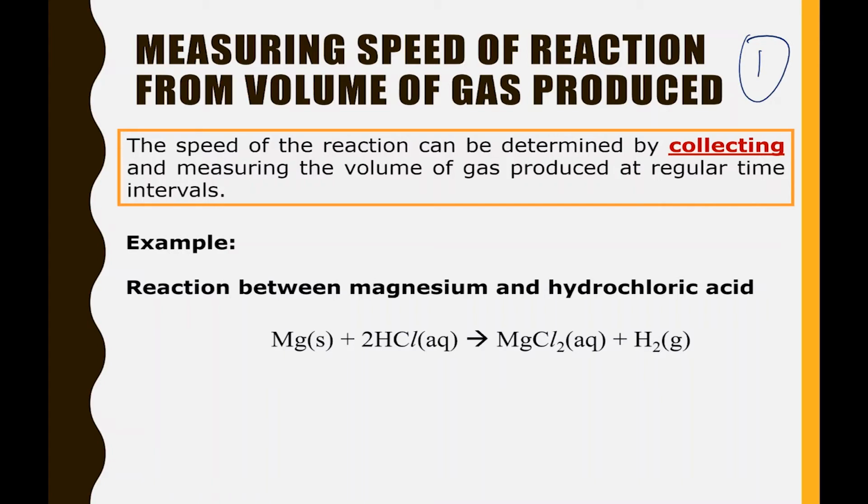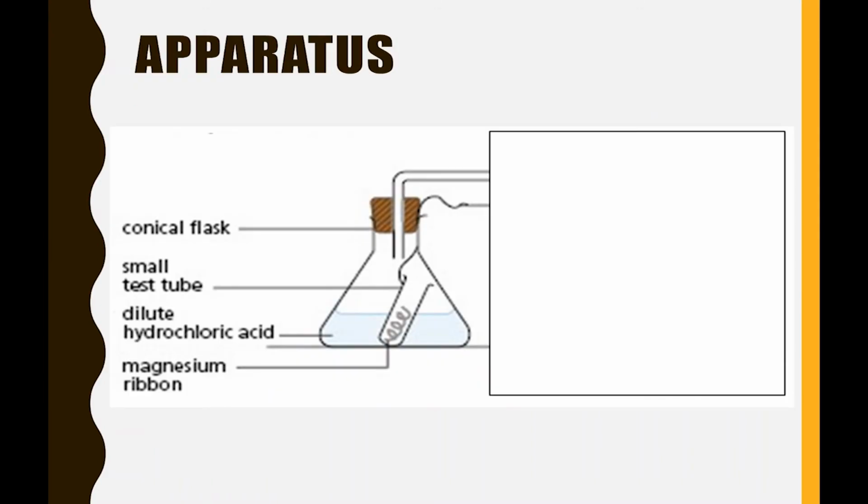It can be determined by collecting and measuring the volume of gas produced at regular time intervals. We take magnesium and hydrochloric acid again as an example. As we said earlier, I can use a gas syringe to measure and collect gas. Why can't I use other methods such as displacement of water or displacement of air?